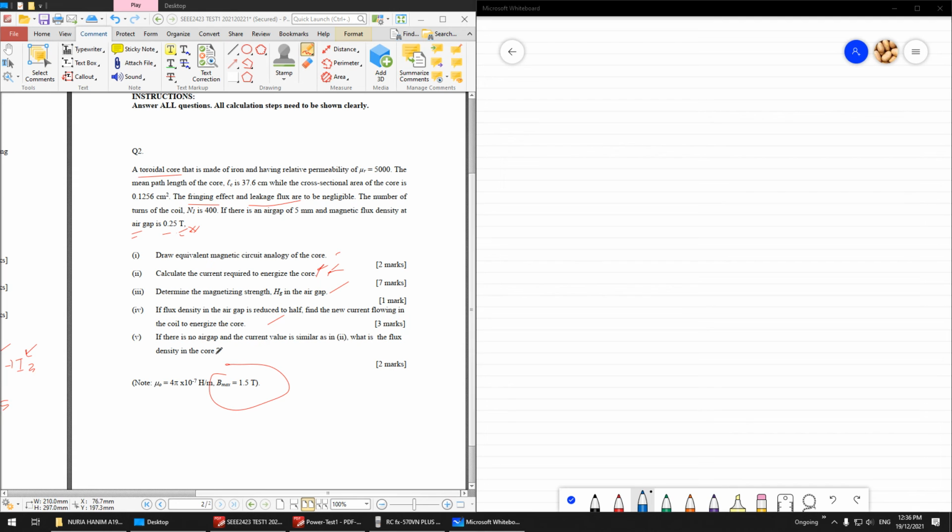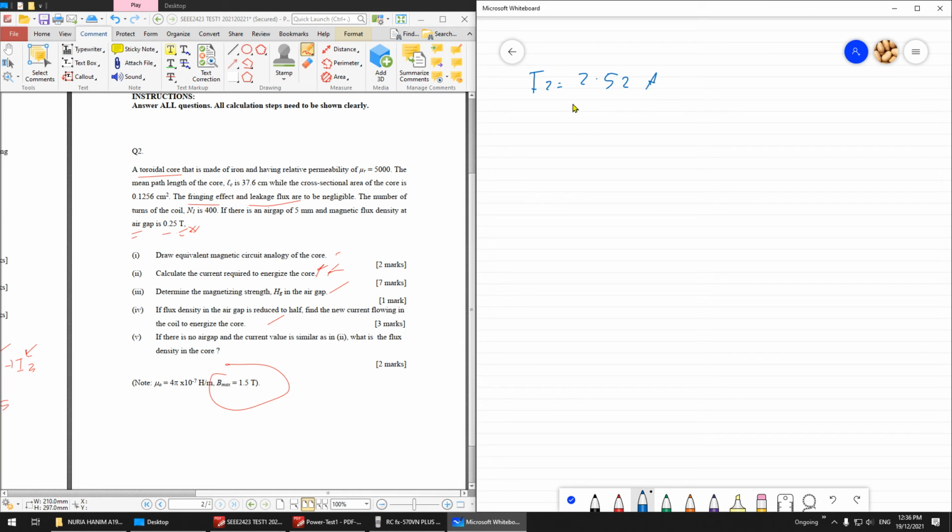So you can see here there is no air gap, and you have to use the old current. Let me check first what the current is. 2.52 ampere.